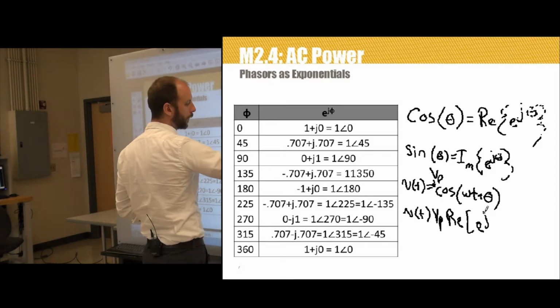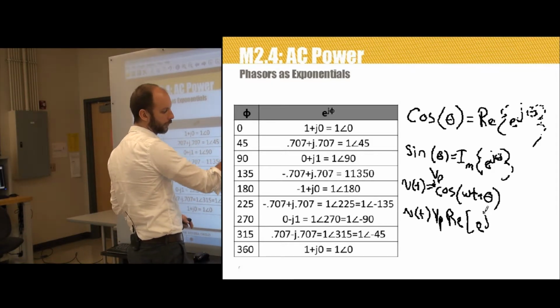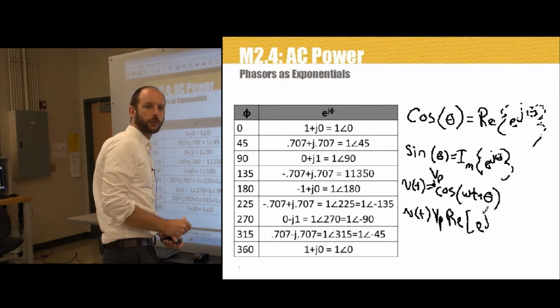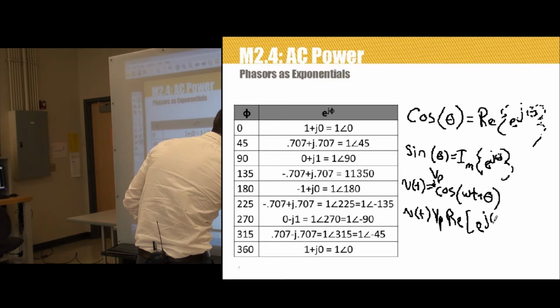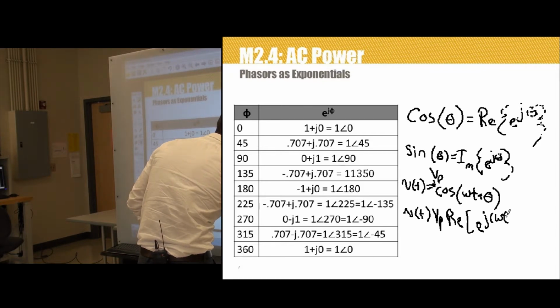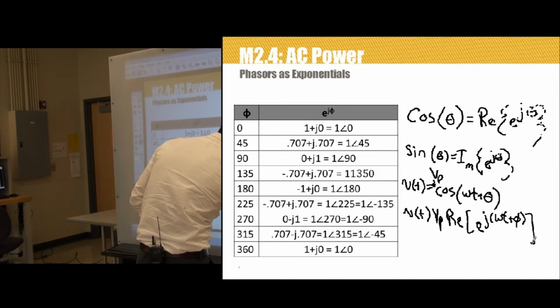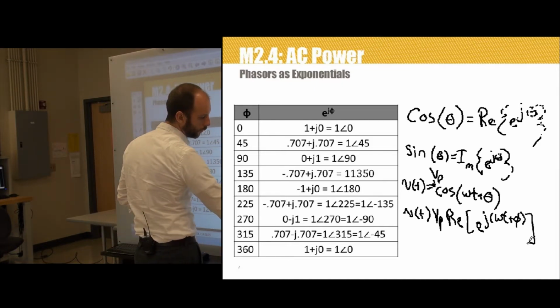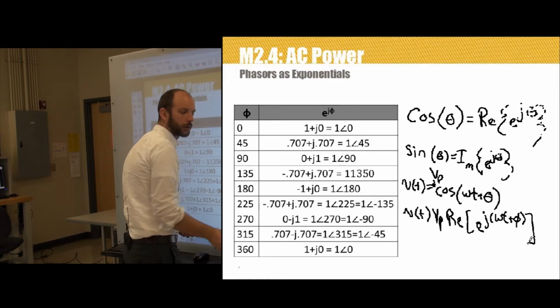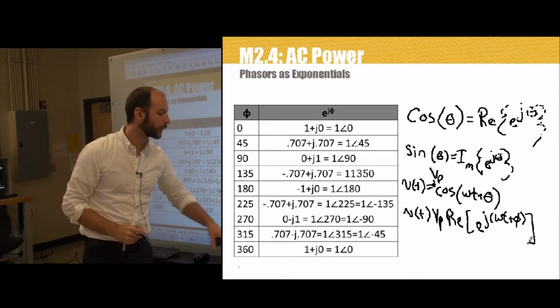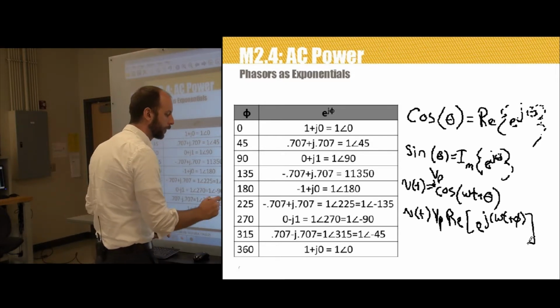Well, in this case, remember, theta is just the argument of the cosine function here. The argument of the cosine function is omega t plus phi, so we need to change that into omega t plus phi, where again, we're just taking the argument of the cosine function and putting it in the exponential. And now I'm going to make a simple math simplification.